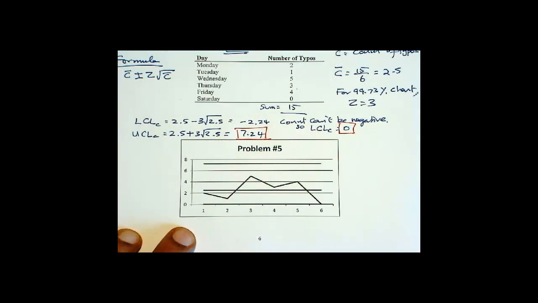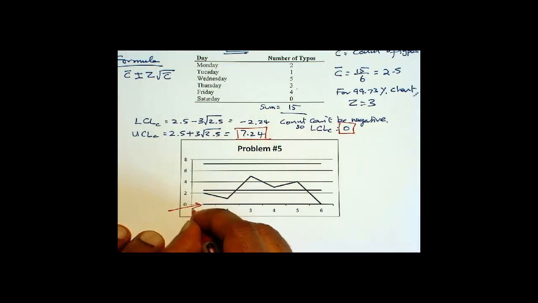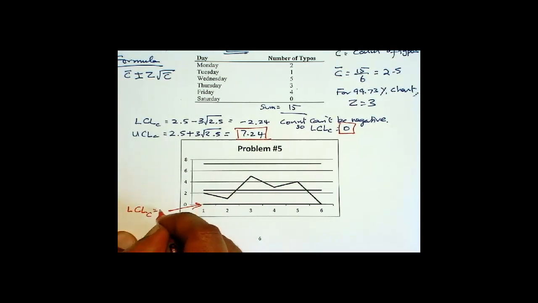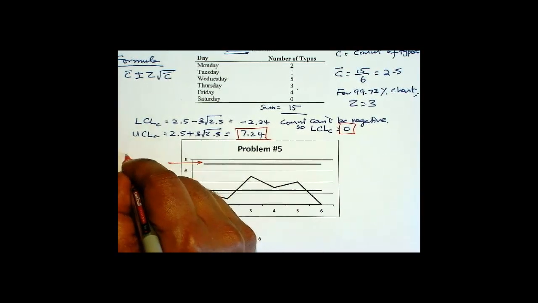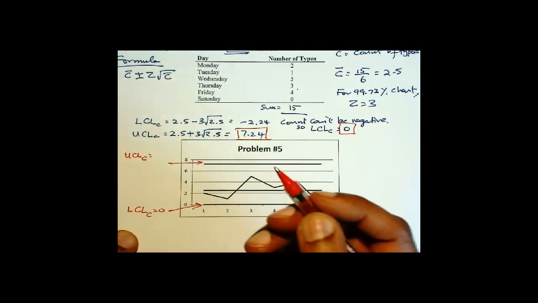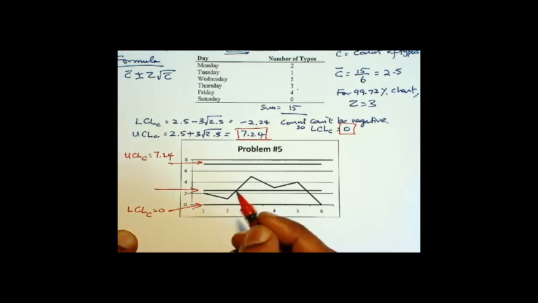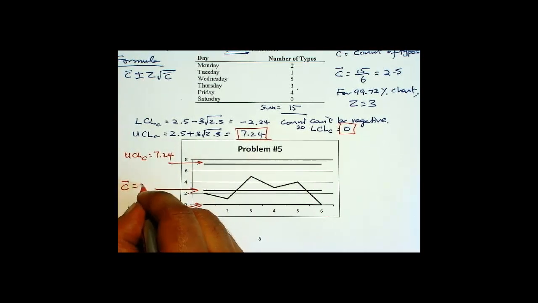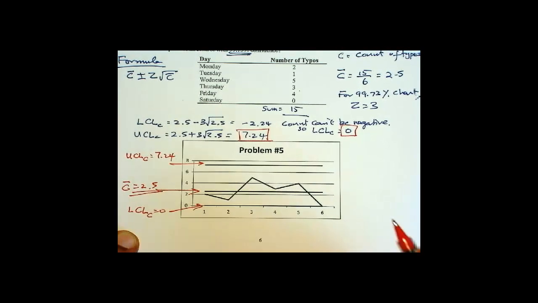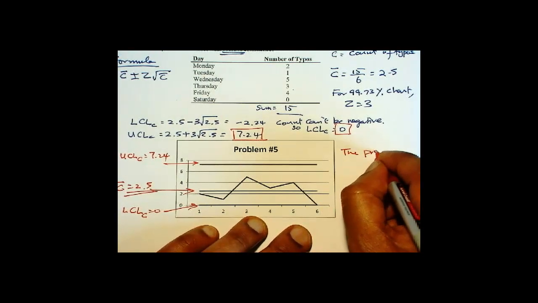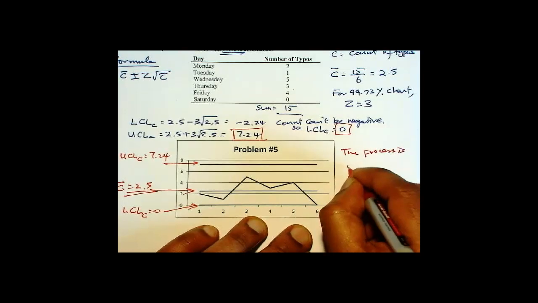So our lower control limit is 0, upper control limit is 7.24, but C bar is 2.5. The process is in control.